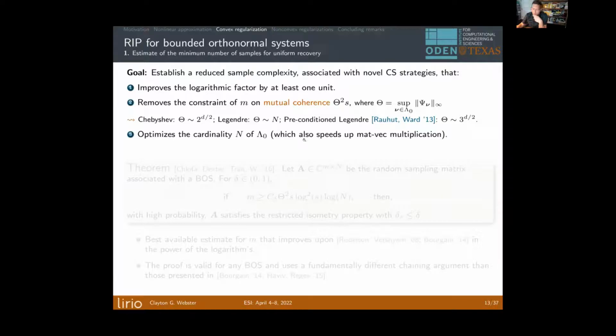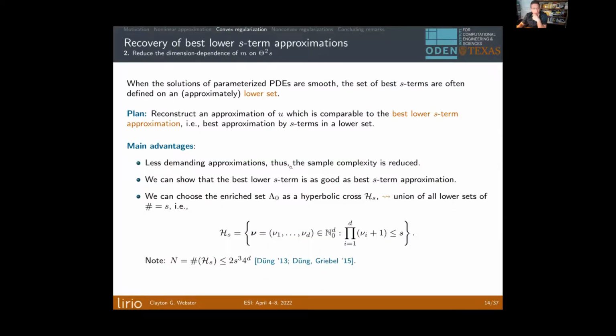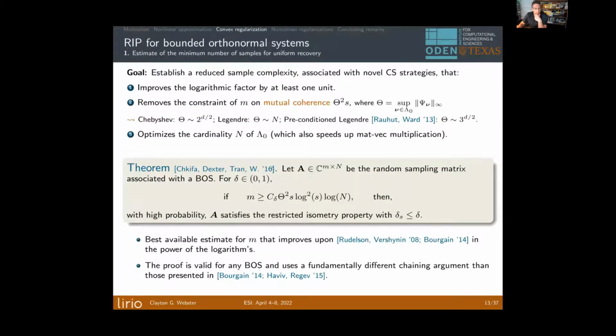So the result, which was shown actually in 18, it was a paper in 18, this is a typo, is that if I have now this random sampling matrix, which is again associated with this bounded orthonormal system, then you can show that the complexity, or the number of samples required, as you can see, depends quite heavily on this mutual coherence term.